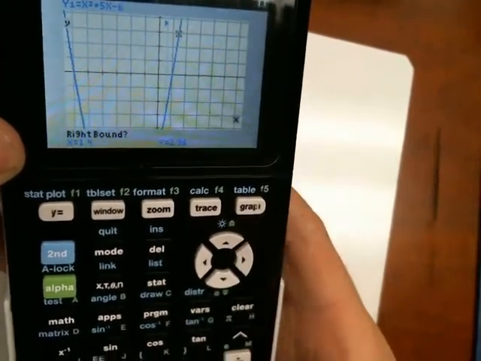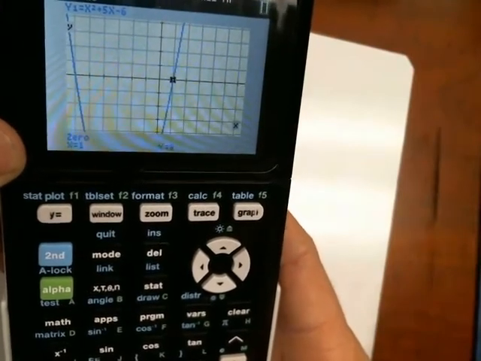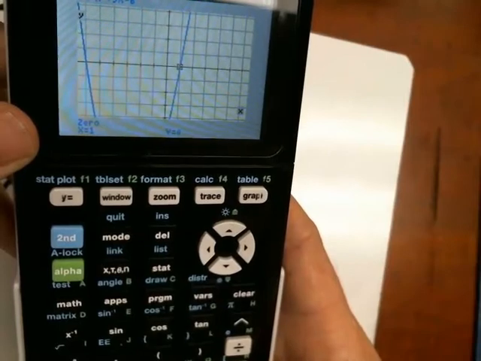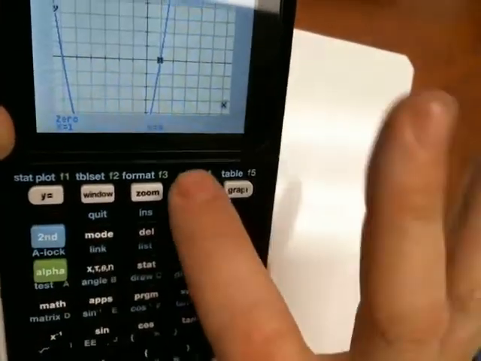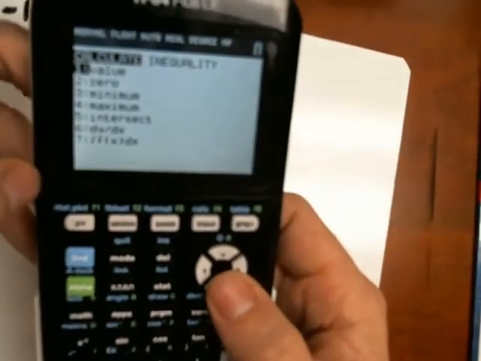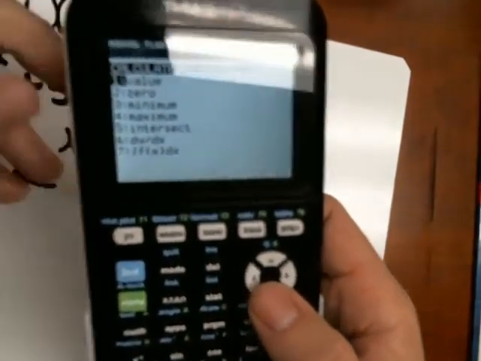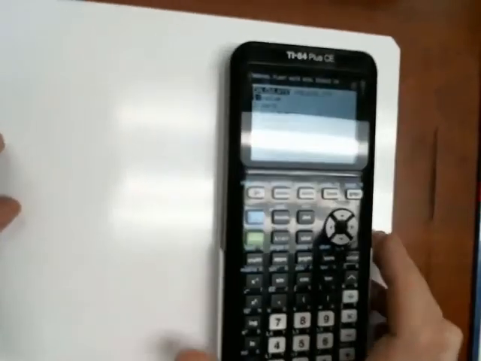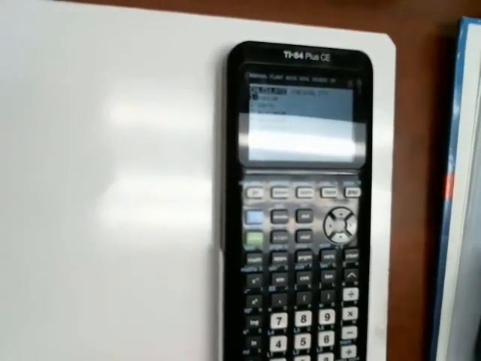Right bound, somewhere over this way. And it guesses and says, well, at 1, 0. When x is 1, then y is 0. There's our other one. So again, that's second, calculate, and we pick number 2 on the list. And it gave us the same answers as we had in that problem.